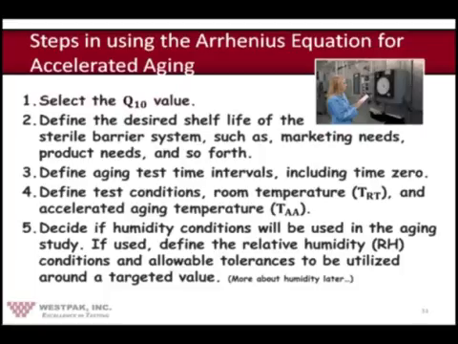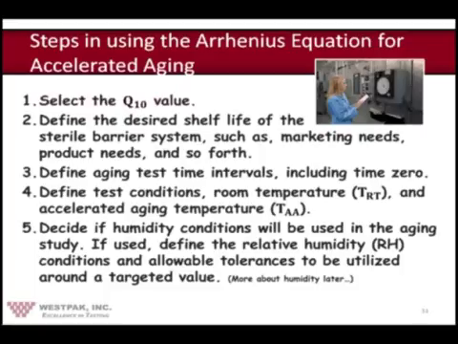And then you also have to define your accelerated aging temperature. Kind of tricky in some regards because you have to have a temperature below certainly the glass transition temperature of some of the polymeric materials that you're using. So make sure that you're not raising the temperature so high that you actually start melting some of the polymers.